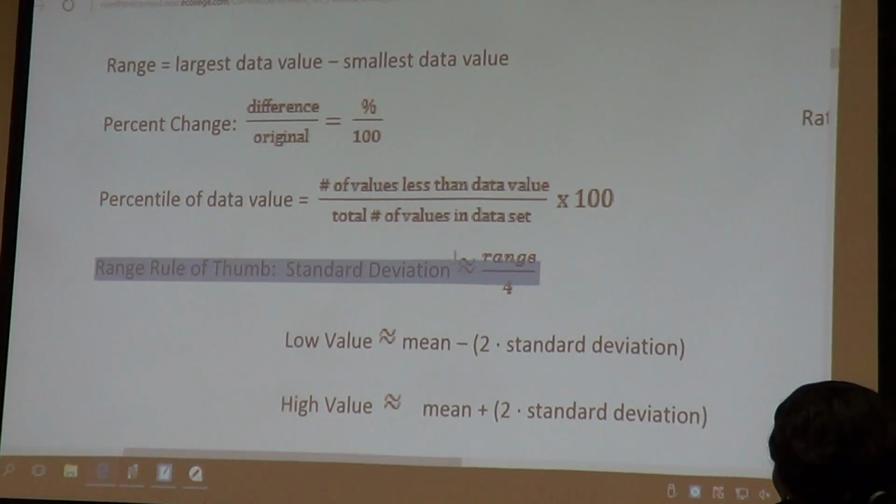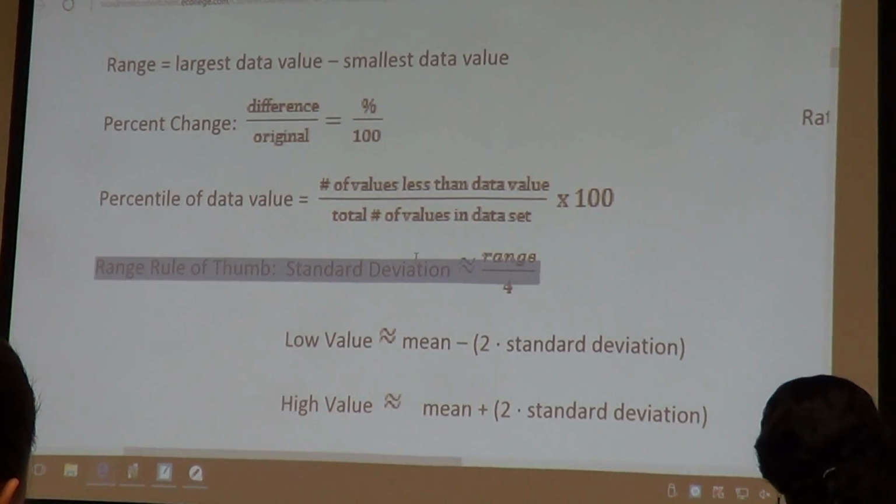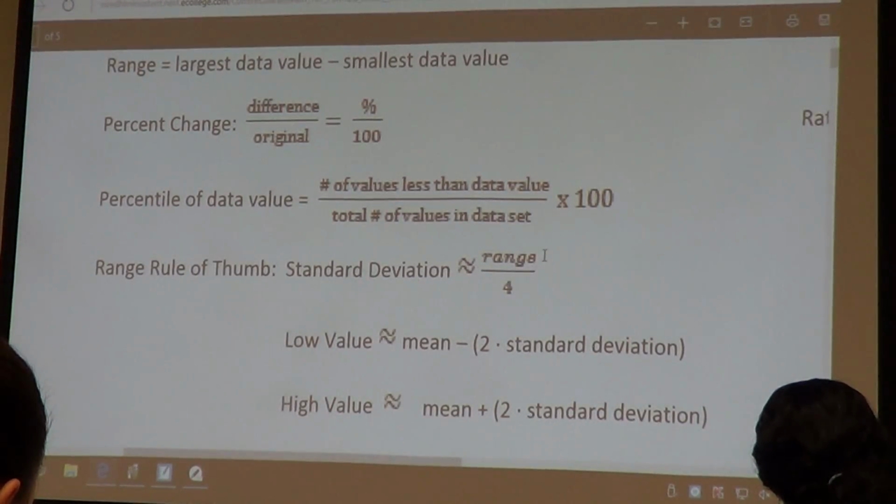Standard deviation is approximately, that's what those little wiggly equal signs are, the range divided by 4. Well, if you look right here, it tells you that the range is the largest minus the smallest. So it's on your formula sheet.